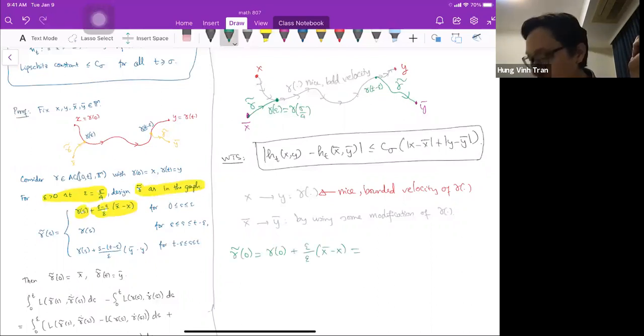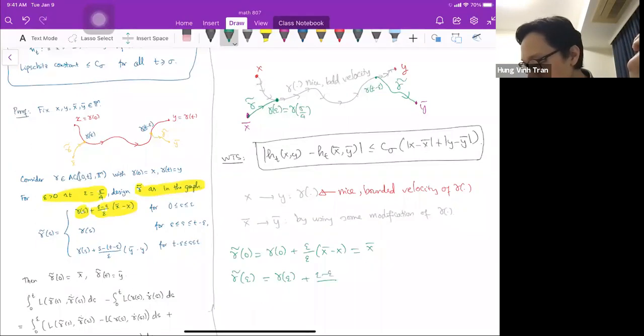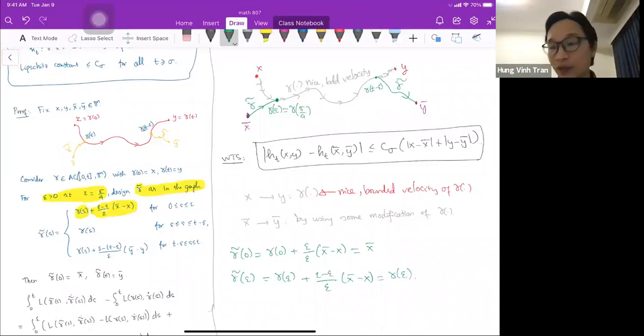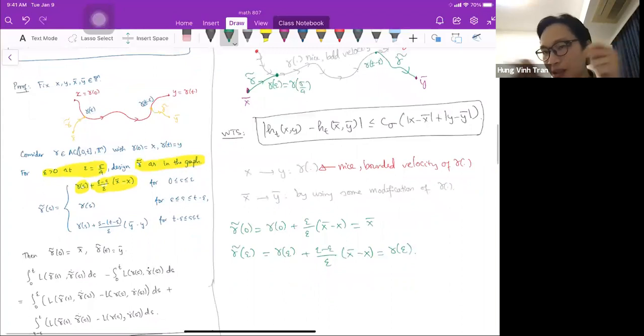So this is exactly x bar, right? And at the end point epsilon, you have gamma tilde of epsilon equals gamma of epsilon plus 0, so epsilon minus epsilon over epsilon times x bar minus x, which is exactly gamma epsilon.